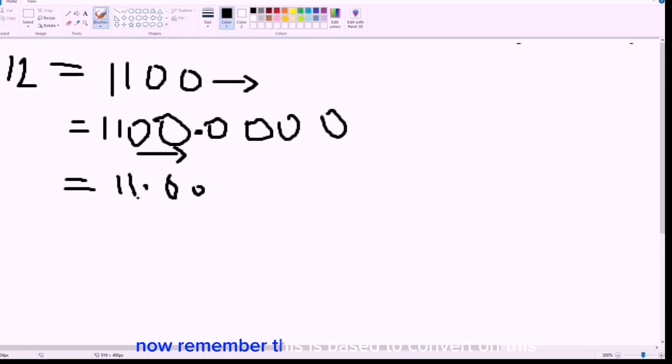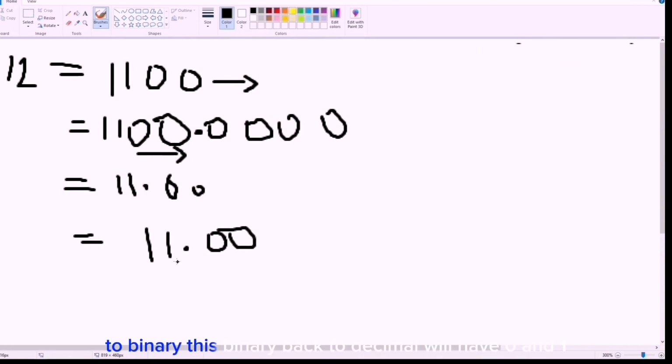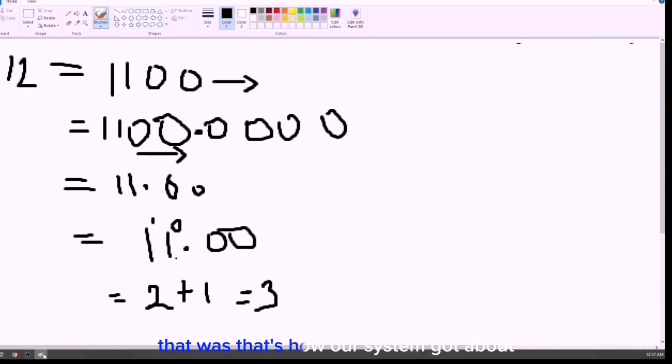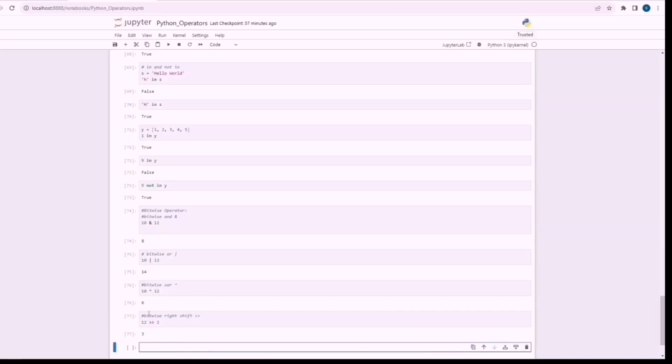Now remember, this is base 2. Converting this to decimal, we have 1 and 1, so automatically this is 2 plus 1, which is equal to 3.